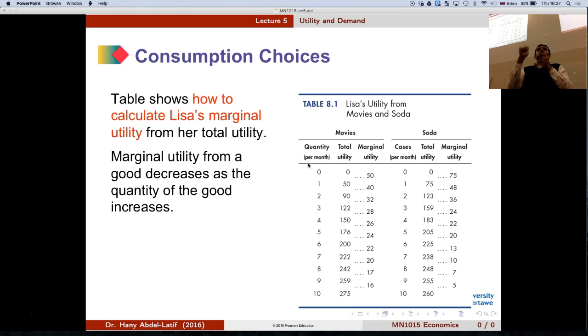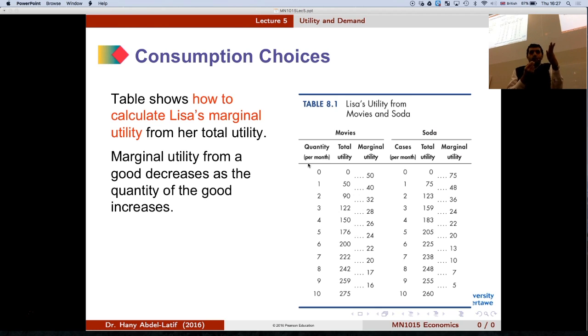The total utility was 50 and then became 90 when we watched one more movie. That means the change is 40. So the marginal utility of the second movie is 40. You can do this for all units.